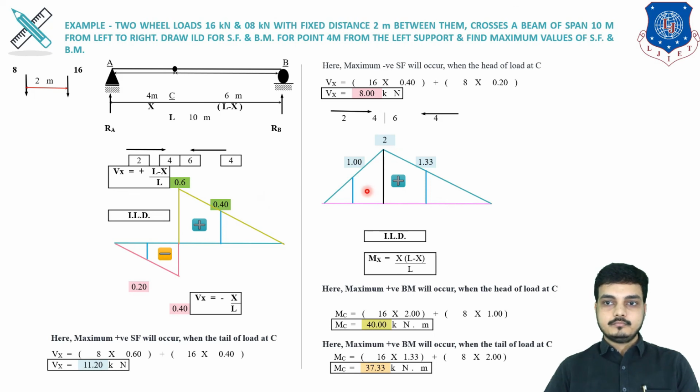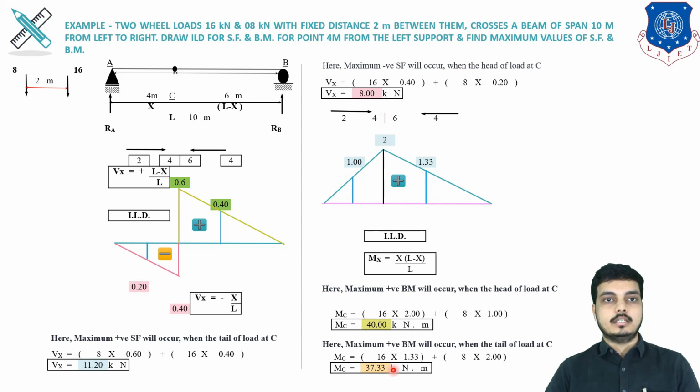Similarly for bending moment, look, first I have placed 16 kilonewton at 2 meter and then this 8 kilonewton over this ordinate. So 16 multiplied by 2 and 8 multiplied by 1. So I got 40. Then I placed 16 above this 1.33 ordinate and 8 above the 2 ordinate.